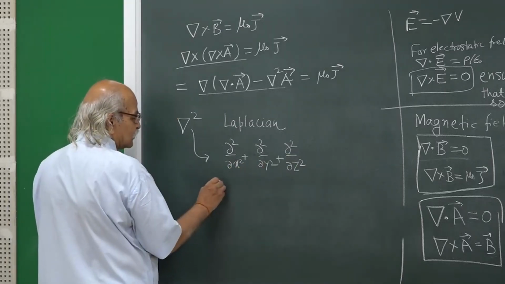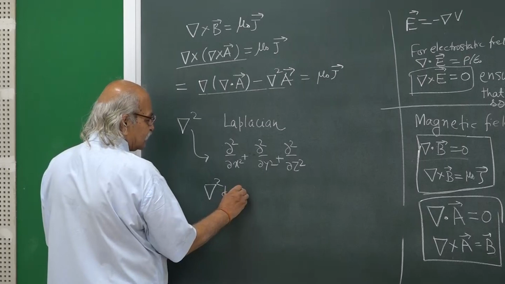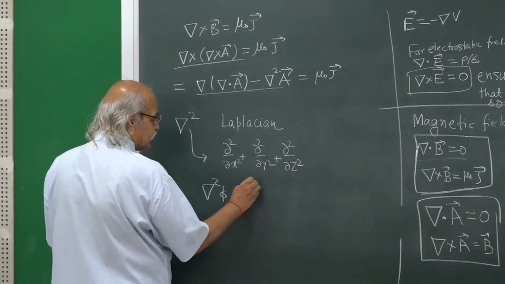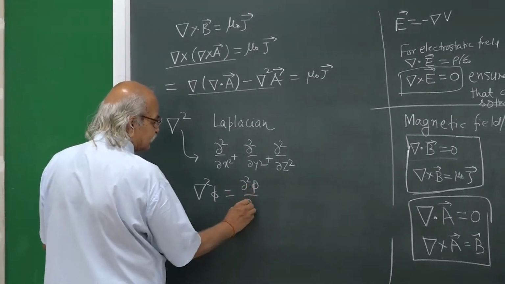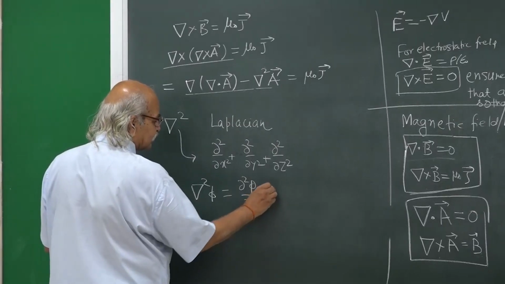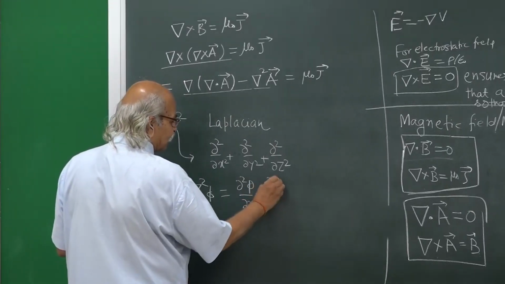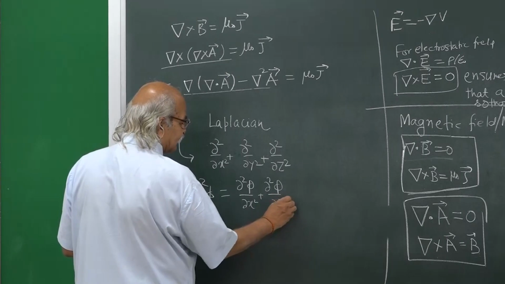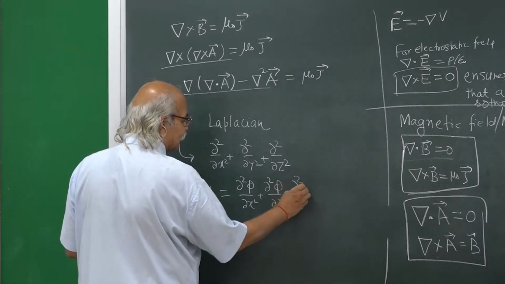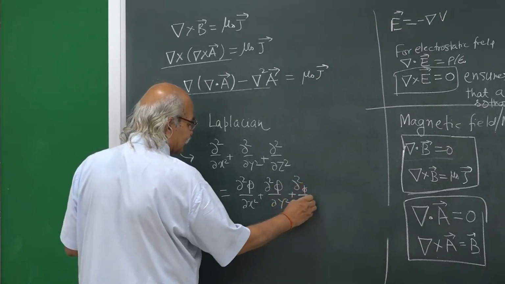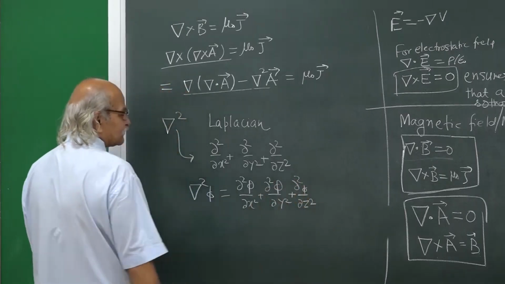So, we write del square of phi is equal to del 2 phi over del x square plus del 2 phi over del y square plus del 2 phi over del z square. So, that is the meaning of this operation.